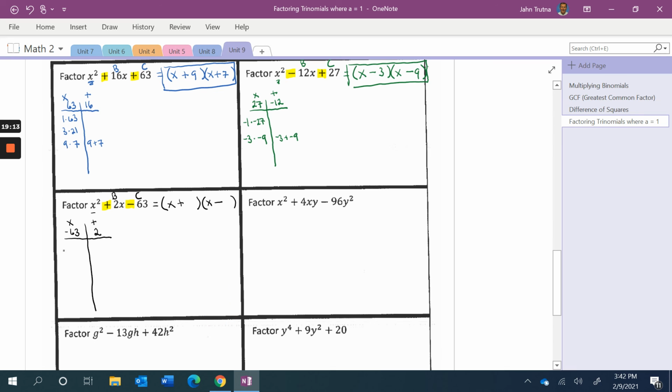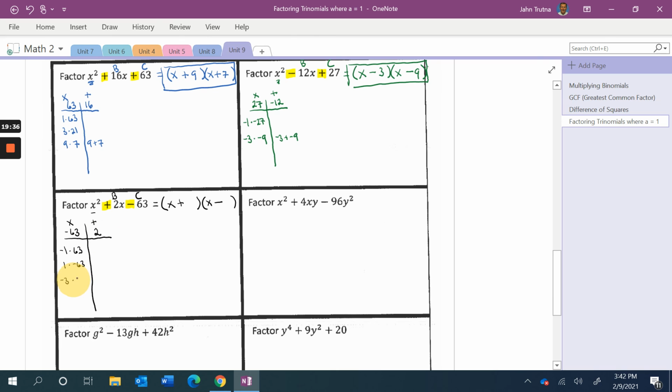Okay, so now I'm going to find two numbers. The two numbers have to multiply to make negative 63. One of them has to be positive, one of them has to be negative. Negative 1, positive 63. Okay, those don't add to 2. So let's try positive 1 and negative 63. Those don't add to 2. Okay, so I got to keep going.